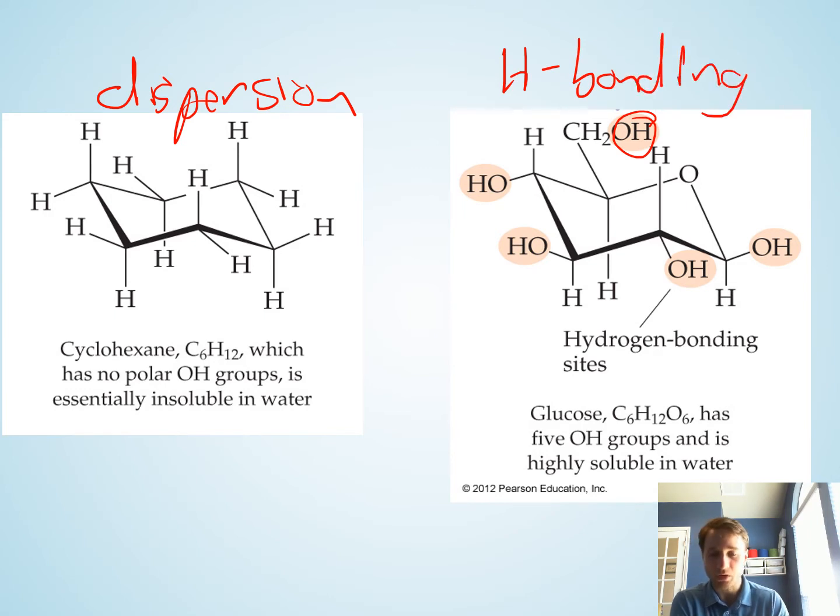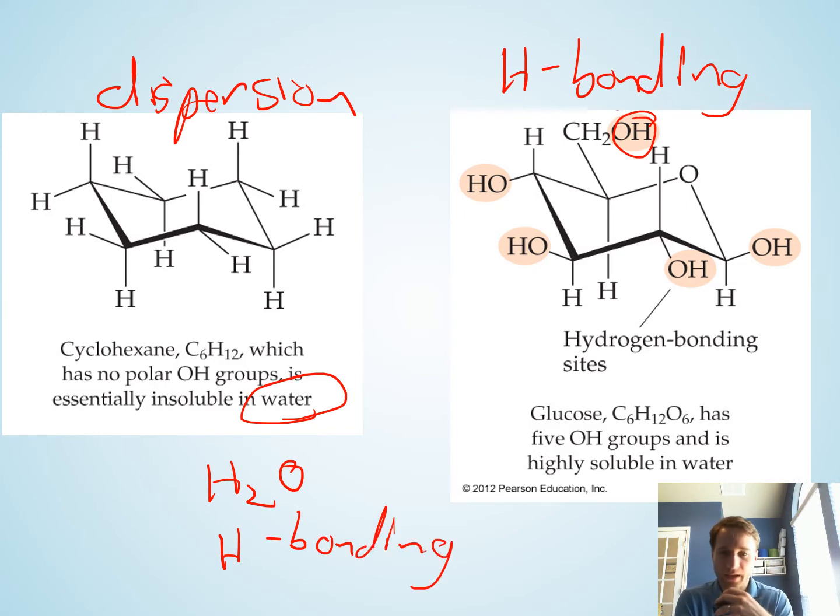Our solvent here is water, H2O, which also has hydrogen bonding. And so that means that things like glucose can easily dissolve in water because it has similar intermolecular forces with that water, but cyclohexane will not dissolve in water.